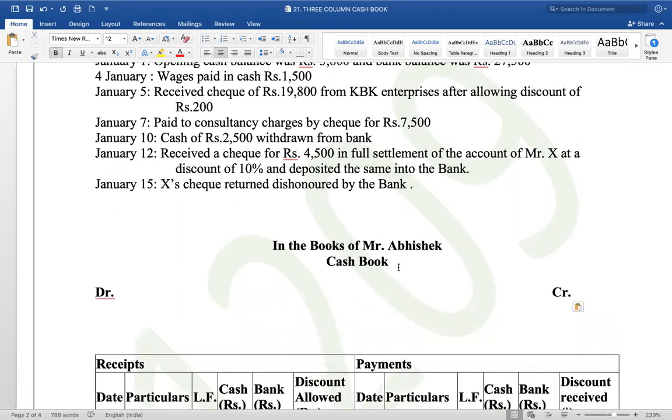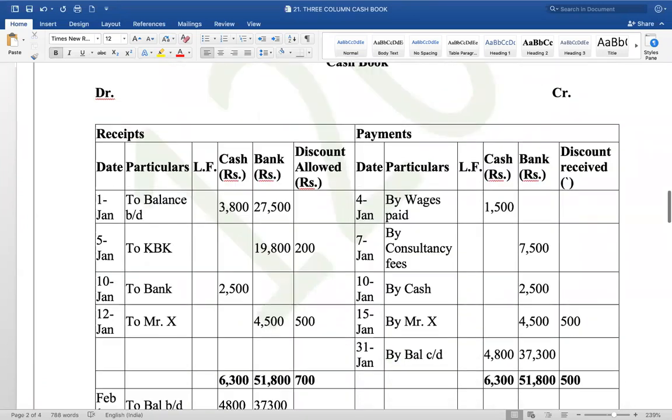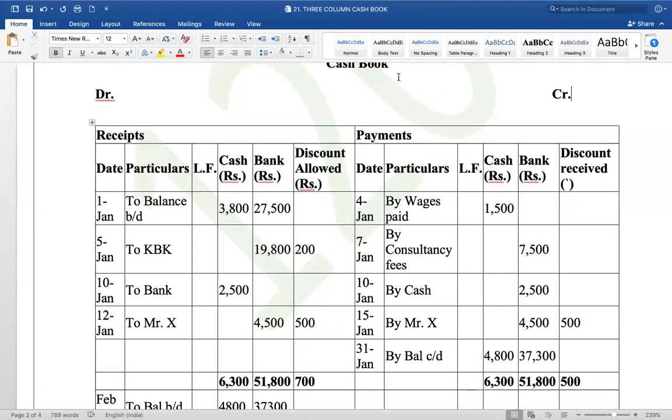Right. Cash account, debit, to balance brought down 3,800 in the cash column and 27,500 in the bank column. There's one more column, discount allowed.